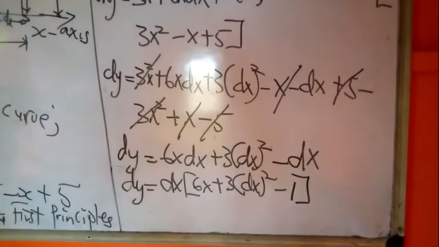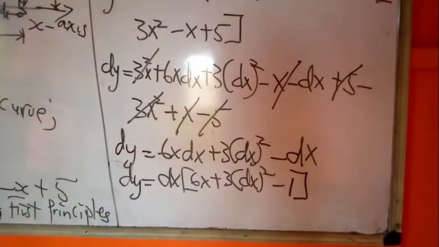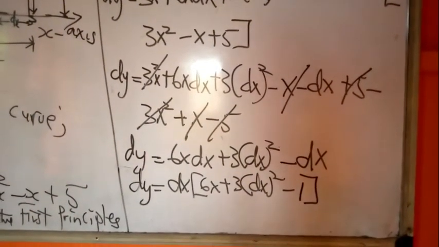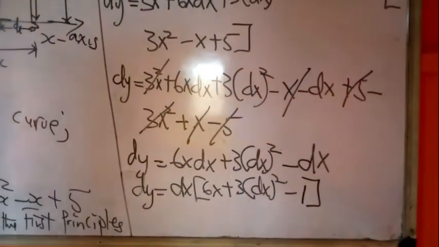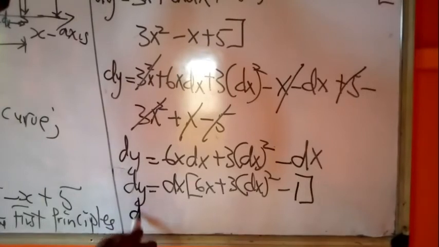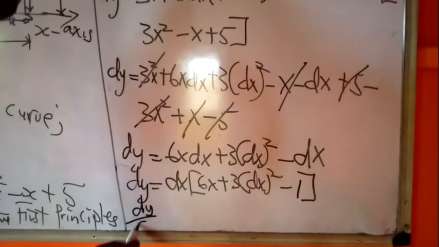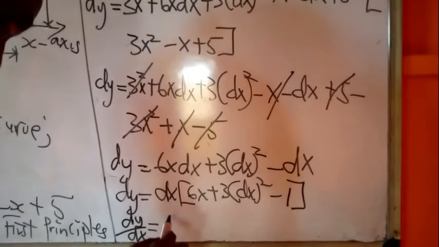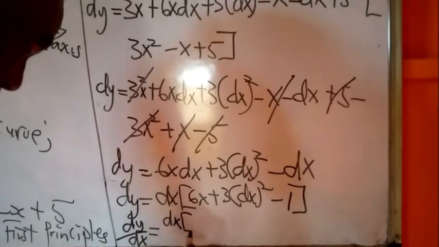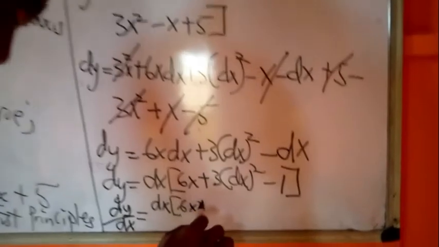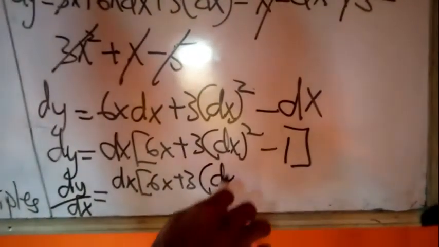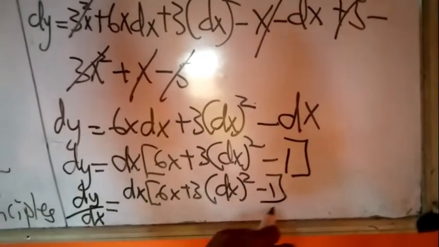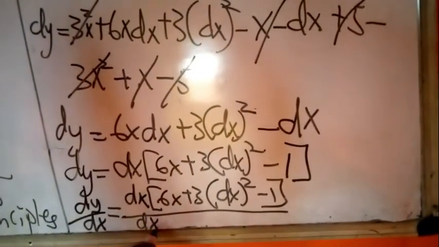So carefully, we can say now that we are dividing both sides by dx, which means dy all over dx is equal to dx into 6x plus 3 into dx all squared minus 1 all over dx.